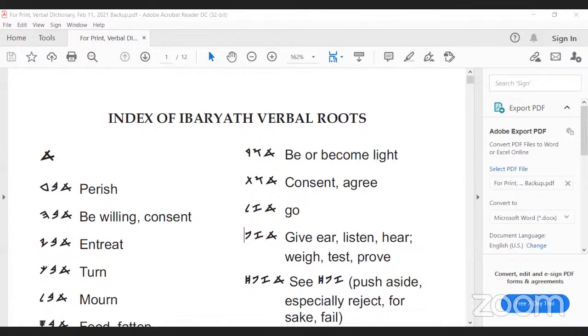Some people say the Phoenician writing system, or you can say the Phoenician Hebrew writing system. Okay, there's a difference. There's a writing system, and then there's language. So what we're looking at right here, these are pictographs in the Paleo Hebrew script.